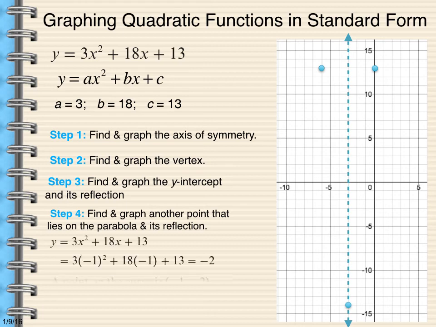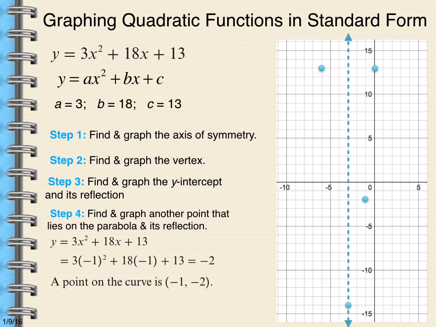So one other point would be negative 1, negative 2, because I substituted negative 1 in place of x. 3 times 1 is 3, minus 18 is negative 15, plus 13 is negative 2, that's right.